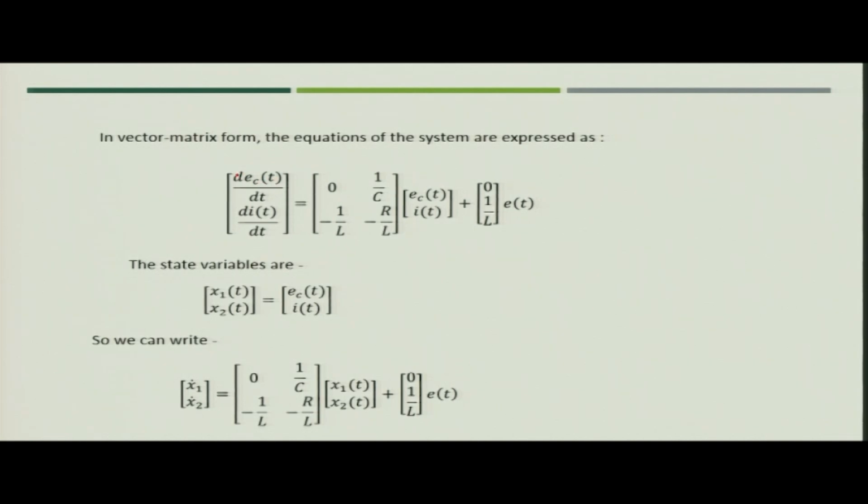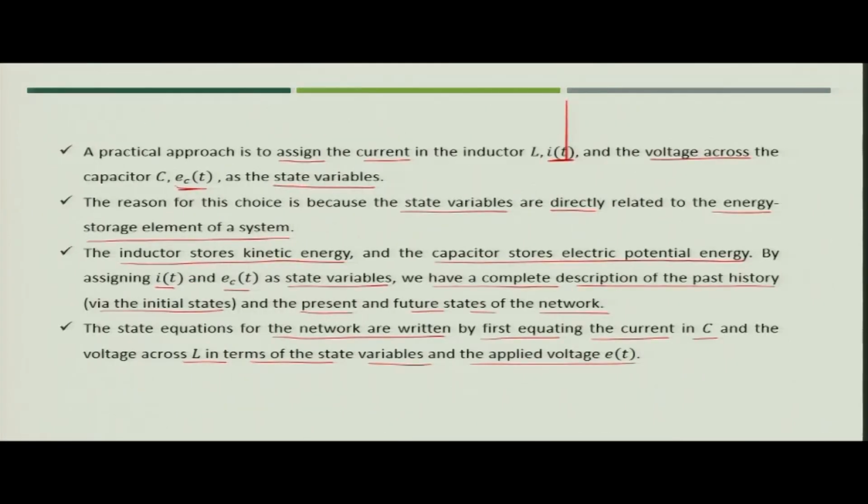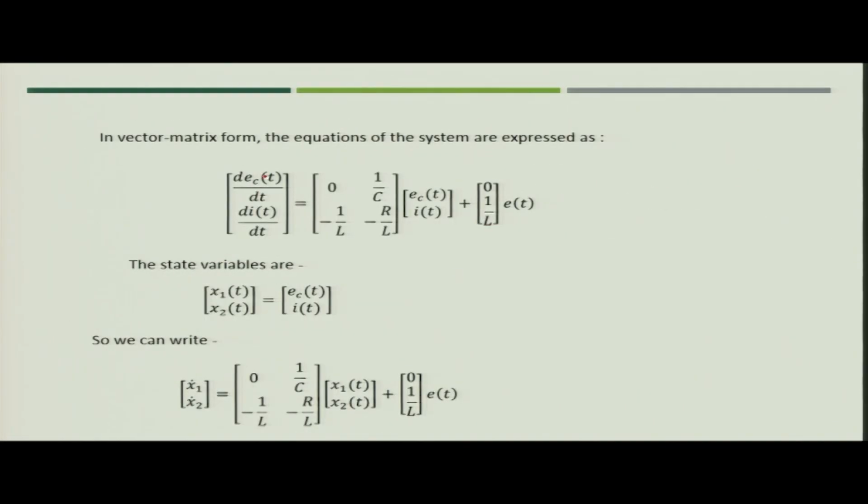So, we can write that dEc by dt is equal to I by C. This you can easily get from this equation. So, you get dEc by dt is equal to 1 by C times I, and we do not have any forcing function in that equation. So, the components of the A matrix will be 0 and 1 by C in this case.